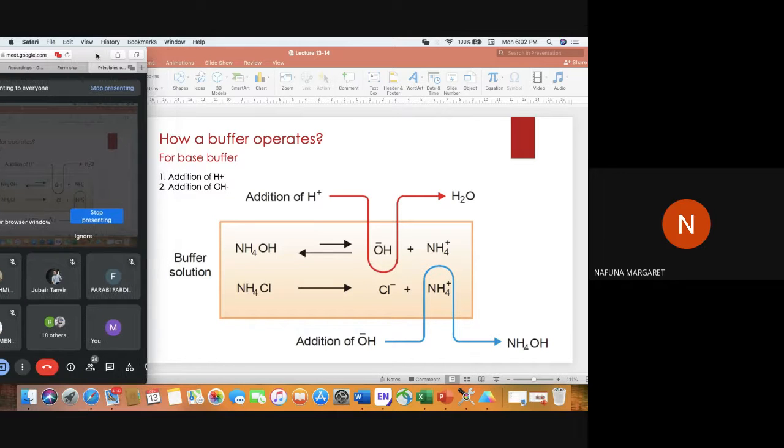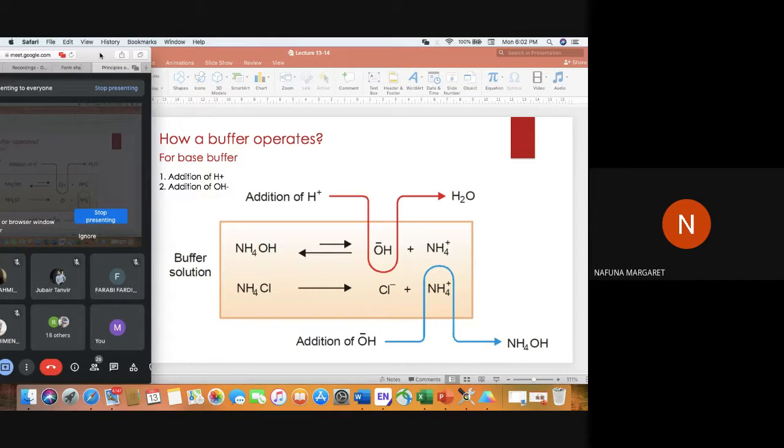For the basic buffer, this ammonium hydroxide is a weak base, so it will partially dissociate to form this ion here.